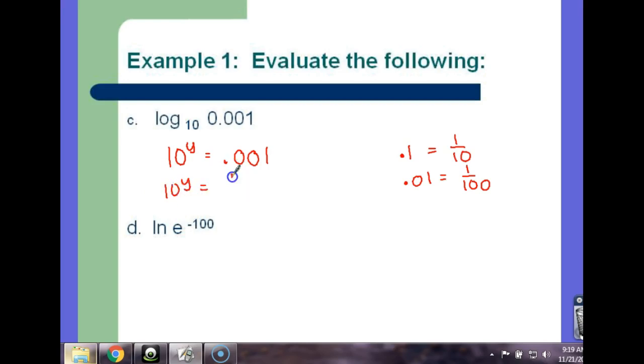So it's like saying 10 to the y equals 1 over 1,000. So 10 to what power would get you 1,000? 10 to what power gets you 10? 10 squared gets you 100. So 10 cubed would get you 1,000. But this 1,000's in my denominator, so it'll be negative cubed. So you have y equals negative 3.